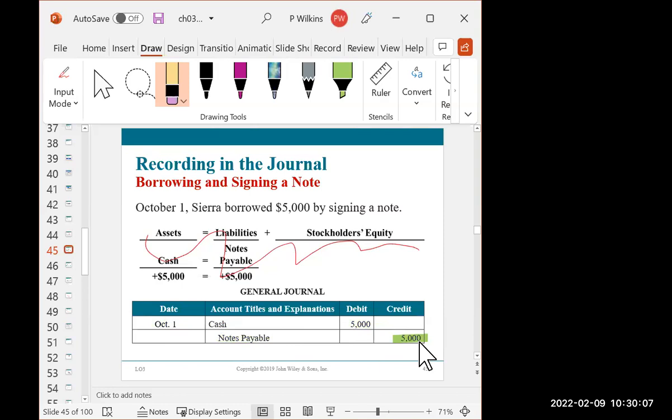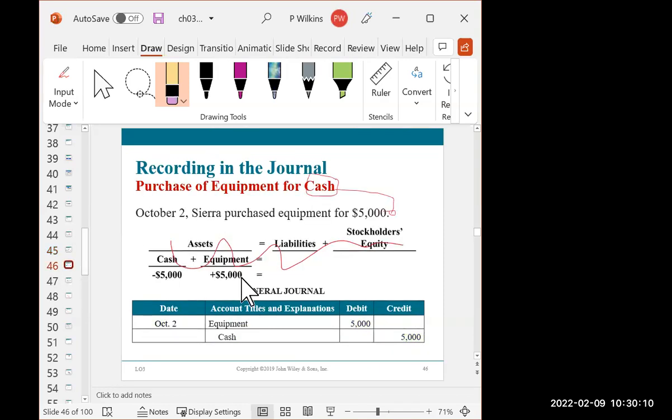Now we're going to look at the next one. October 2nd, Sierra purchased equipment for $5,000. Now, if they don't tell you that you got a loan or anything, then normally it would say paid cash. But if they don't tell you, then you assume that it's cash.